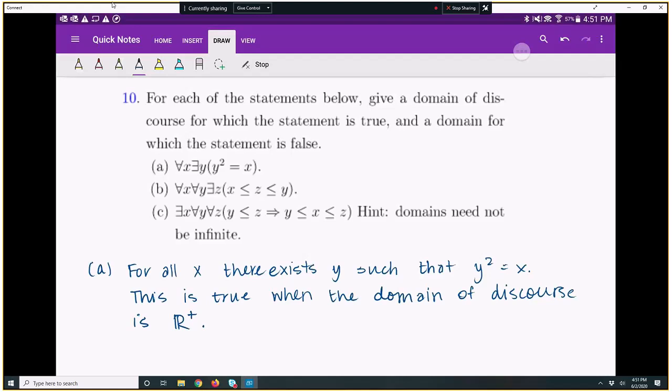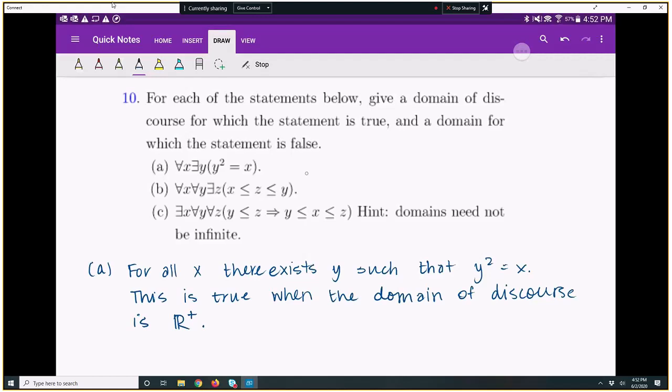So I needed to make sure that my x was positive, because if I took all real numbers, then I couldn't say it's true for all x. For the negative numbers, there won't be any number that you can square and get back a negative number. So we're thinking of y as a square root of x.